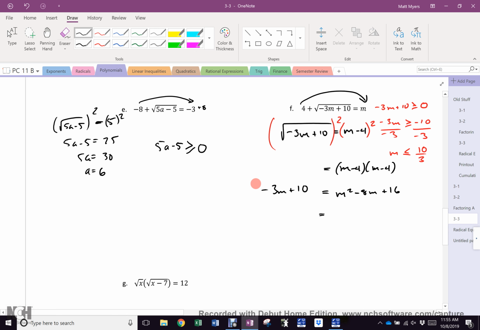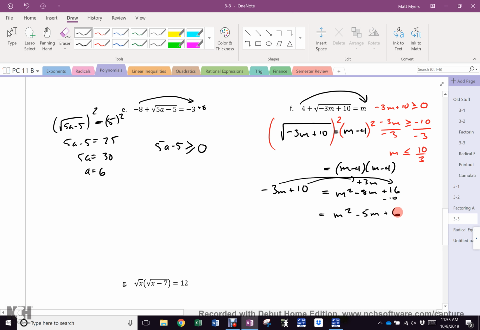That would be silly talk, because then I would be making a negative. Yuck. So we're going to leave them here. Plus 3m. What is 3 minus 8? Negative 5m. Then I would bring this over here. What is 16 minus 10?